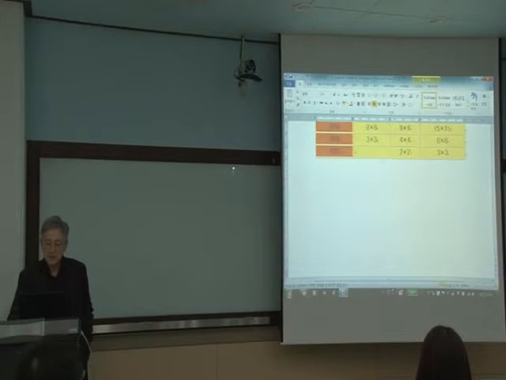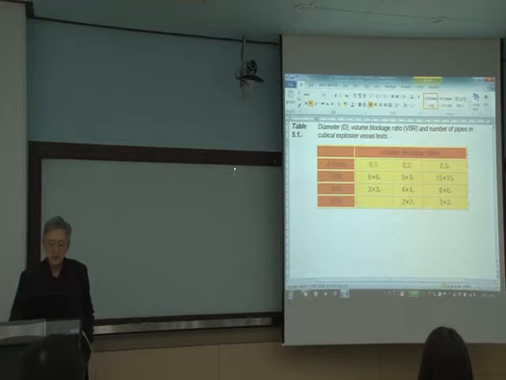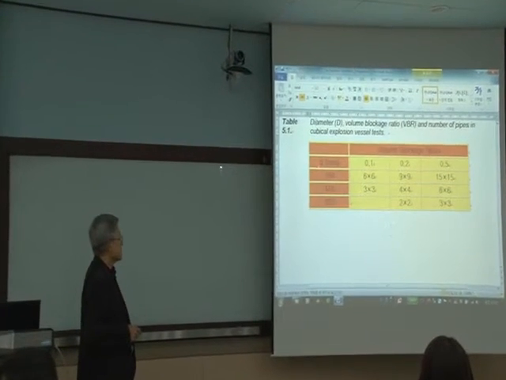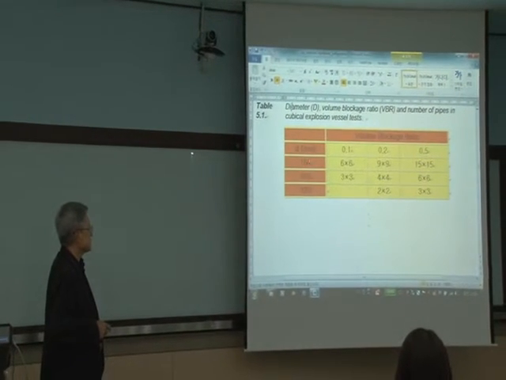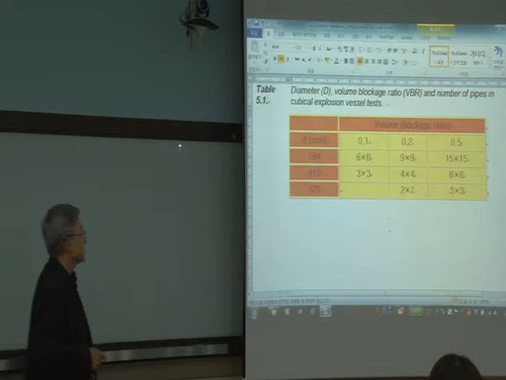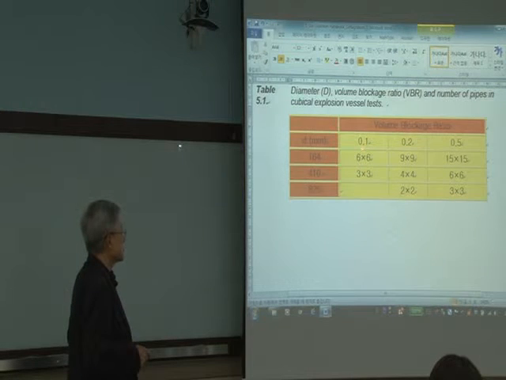And as you see here, this is what this table is. The diameter of the obstacle, 164 millimeter, 410, 820. And this is the blockage ratio. This is a volume blockage to get 10%, 20%, and 50% blockage.